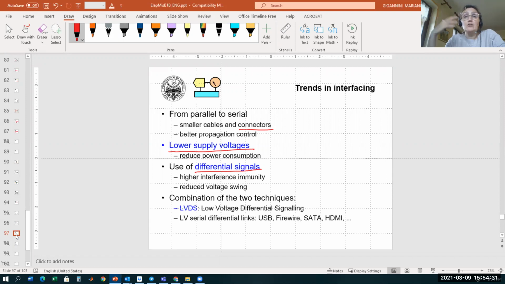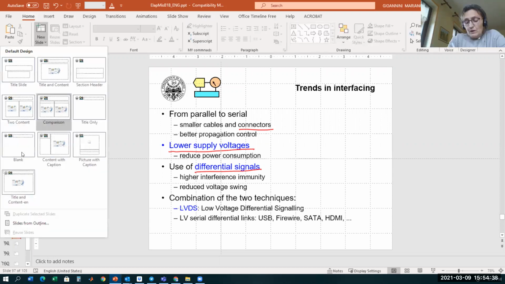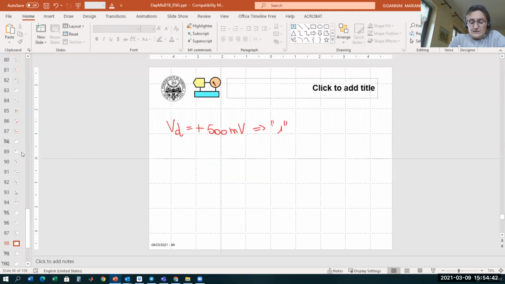For example, if I have a differential voltage that is positive, then this is a 1. If this differential voltage is negative, then this is a 0.